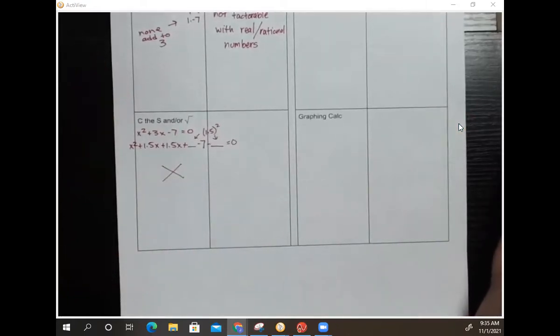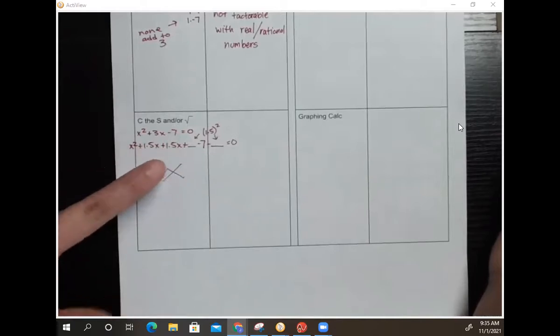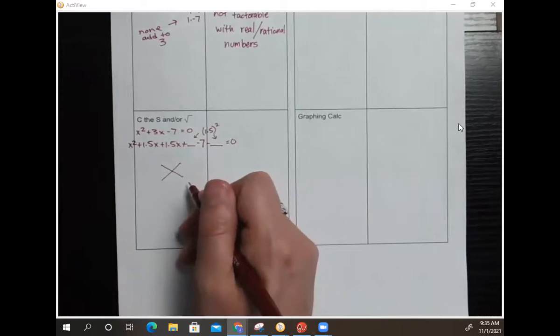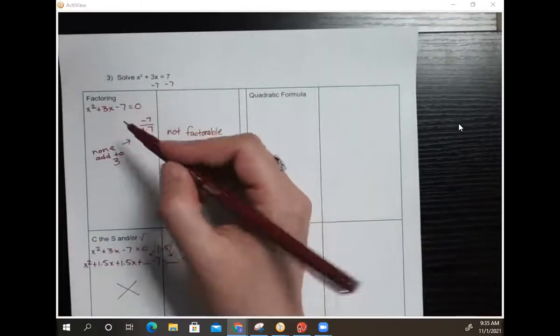You can still complete the square here, but as soon as we're working in decimals with factoring, we have a really hard time with that. So I would not encourage you to complete the square on this problem, okay? We tend to make more mistakes when we're completing the square with decimals. So I couldn't factor. I'm encouraging you not to complete the square on this one.